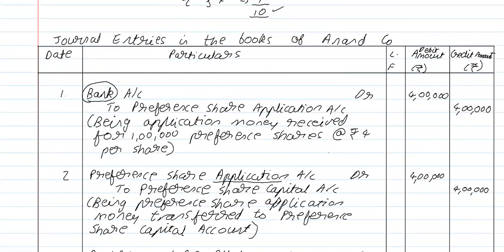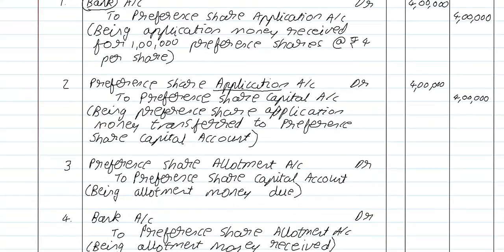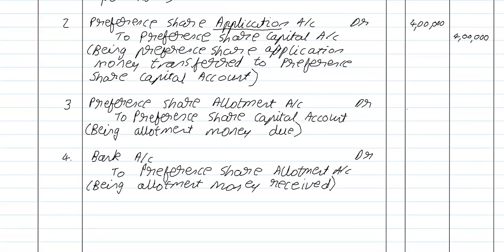Now, if we had to look at the amount, now onwards, offered is what's important. We multiply the offered amount into the allotment. 1 lakh into 3 gives us 3 lakhs. So 3 lakhs here, here, here, and here. Style is going to be the same.